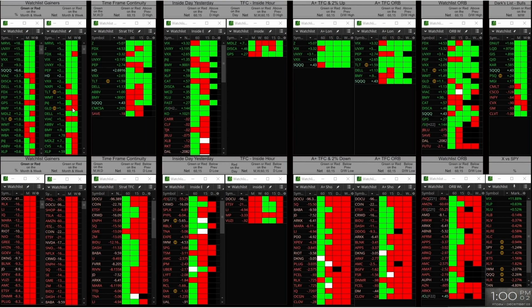There are only a couple of scans or lists here that are sorted by percent. This one is one of them. This is actually the mark percent in Thinkorswim, and we use it because it updates before the market opens. So in pre-market, you can come here and see percentage-wise what's moving before the market even starts.